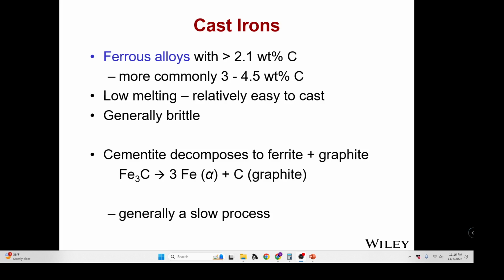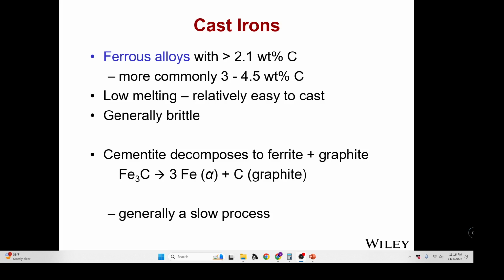The ferrous alloys with greater than 2.1% carbon, usually like 3 to 4.5%, are low melting and therefore easy to cast, and they're generally very brittle. Those are the cast irons.